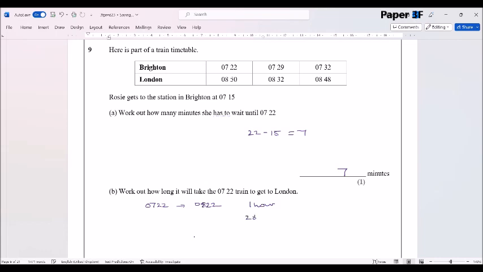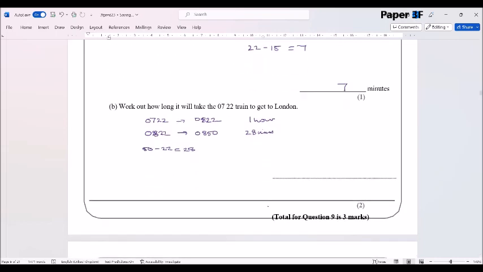So 08:22 to 08:50 is 28 minutes. To work that out, you could actually just do 50 minus 22, which of course is 28 minutes, and so it's 1 hour and 28 minutes. We'll pop that on our answer line. So 1 hour and 28 minutes.